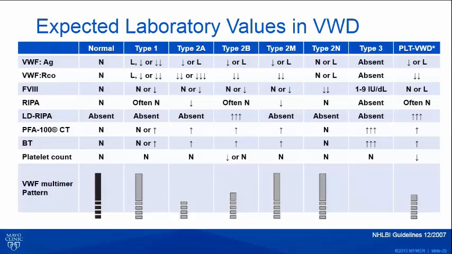But I do want to point out that in type 1, we have the normal multimer pattern. In type 2A, we have loss of high molecular weight multimers. In type 2B, it's consumption, right? Increased affinity, so consumption of high molecular weight multimers, and also decreased platelet count. Type 2M and 2N have a normal pattern, and type 3 is absence of von Willebrand factor.